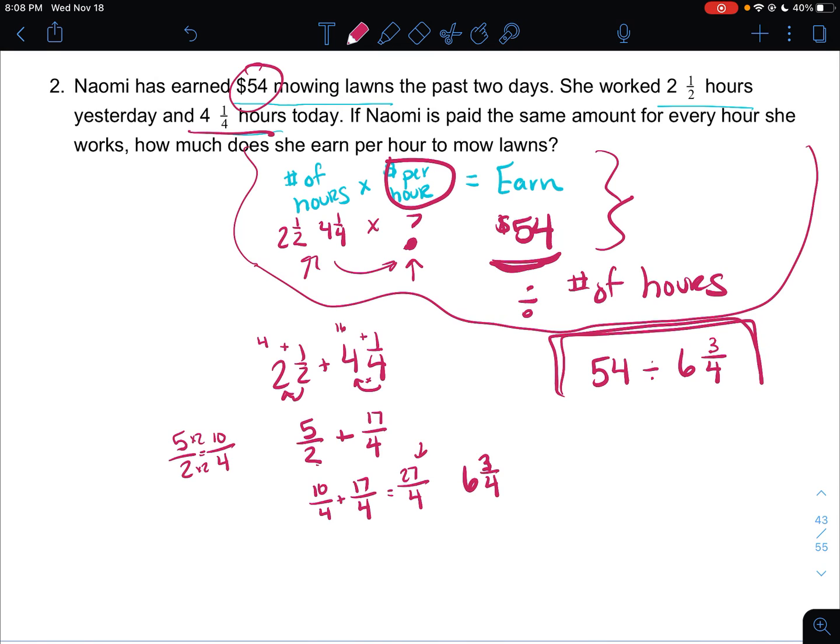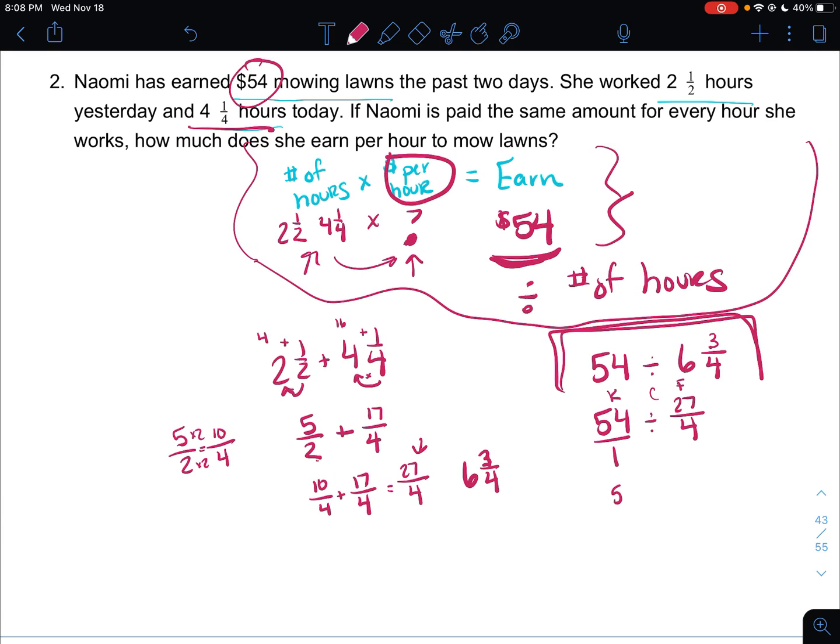So I am going to make 6 3/4 improper. Thankfully, I already know that it's 27/4. So I'm going to do 54 divided by 27/4. I need to make 54 a fraction as well, so I'm just going to put it over 1. And now I'm going to do my keep, change, flip method to divide.